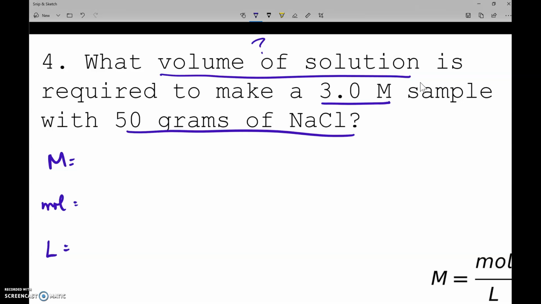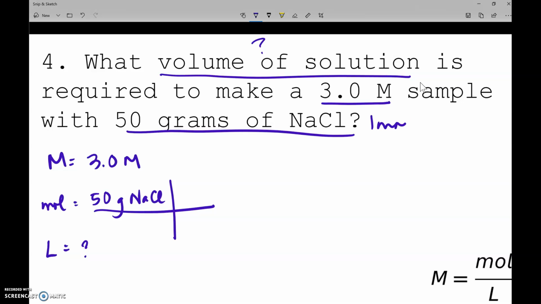First, volume of a solution, that's our unknown. It just says volume, so we can keep this in liters. We have a 3 molar solution, so that's our molarity. Then we have 50 grams of NaCl. Grams correlates with moles because both deal with an amount of a substance, so we have to convert this to moles like we did yesterday.